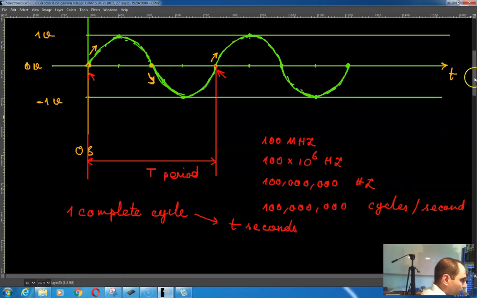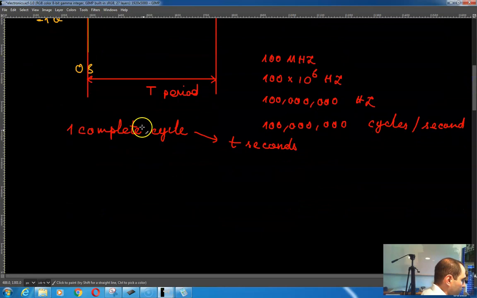So now I can write this as a proportion: one cycle in t seconds.